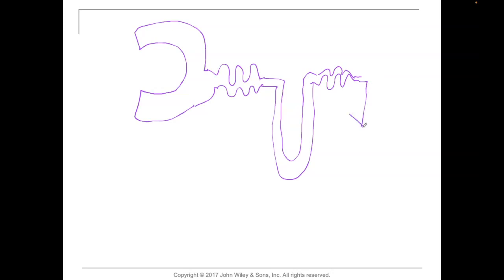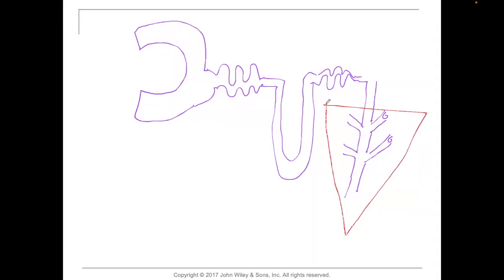And then we'll make these little branches coming in. Okay, and let's make this right here, just so we have an idea as to what we're looking at. That's the renal pyramid. Okay, and then here'll be the papilla.